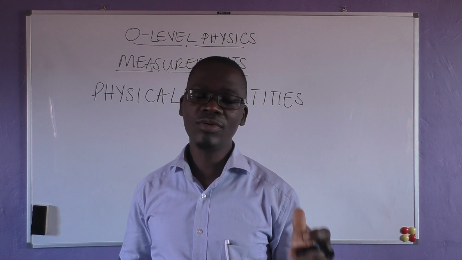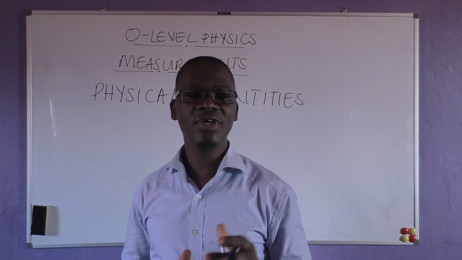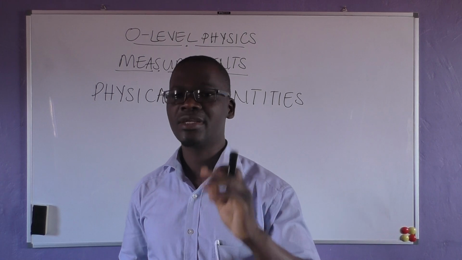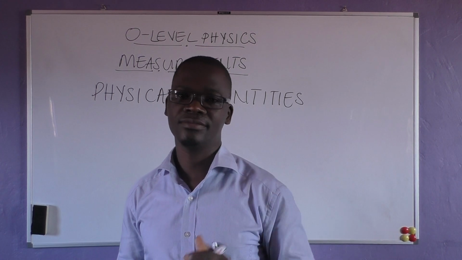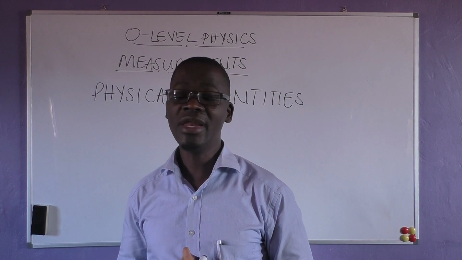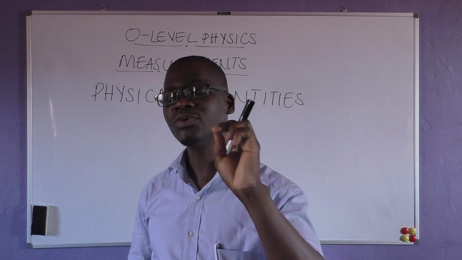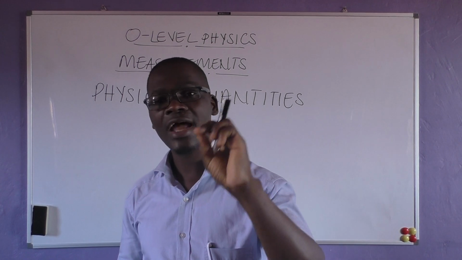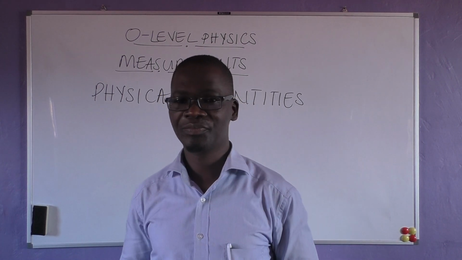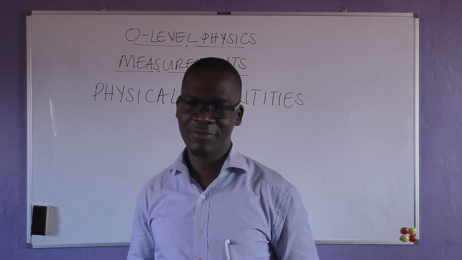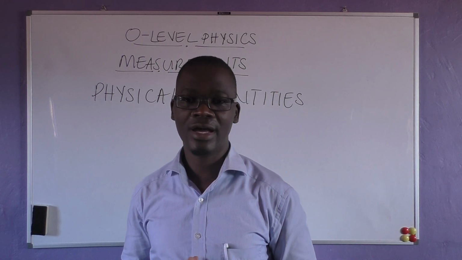Then when we look at the derived quantities, the word derived means they are obtained. Meaning, these derived quantities are physical quantities that can be expressed in terms of other physical quantities. For instance, area.